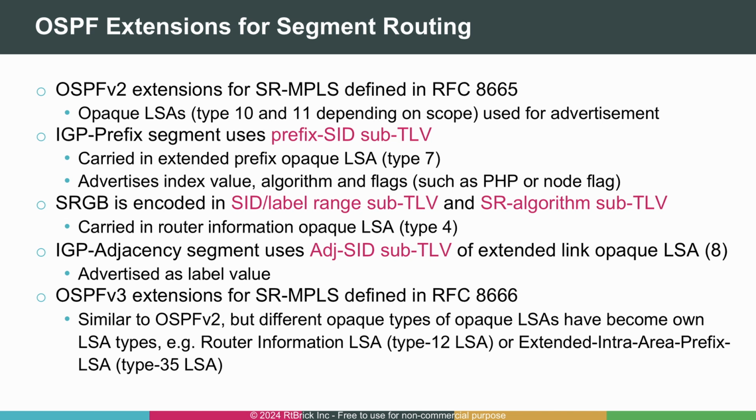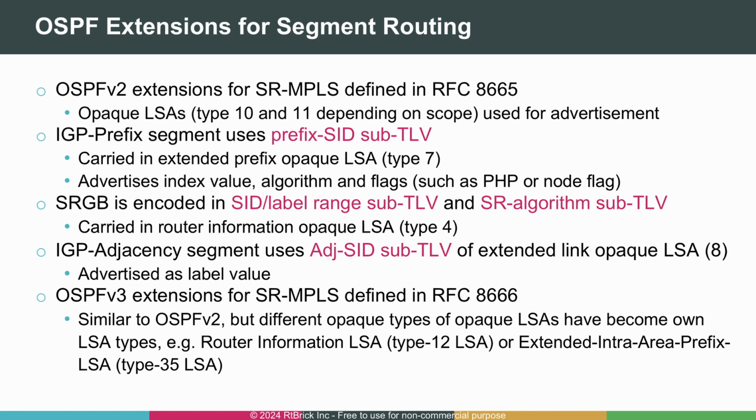Therefore OSPFv2 uses the opaque LSAs to advertise segment routing information. Depending on whether the scope of the advertisement is area-wide or domain-wide, either Type 10 or Type 11 opaque LSAs are used. Opaque LSAs in OSPF are used to carry information that is not strictly required for the SPF algorithm to function. Different opaque types are defined to encode specific types of information.